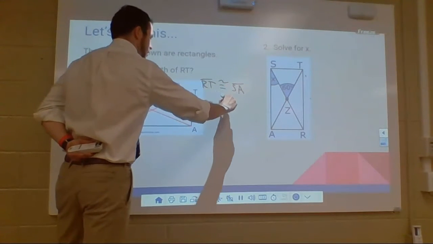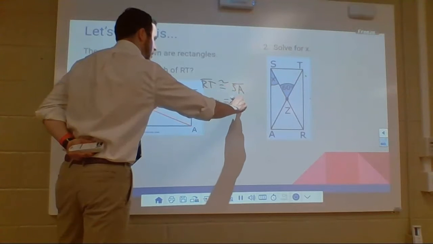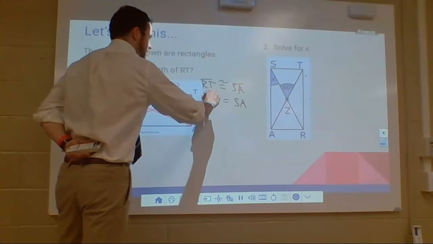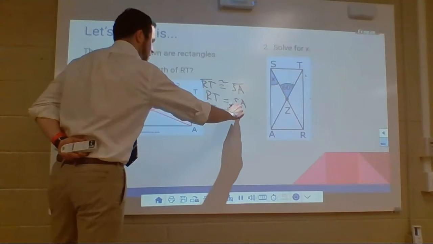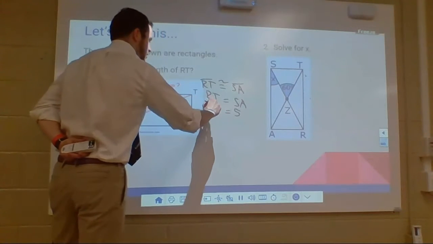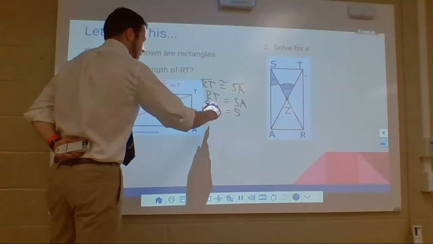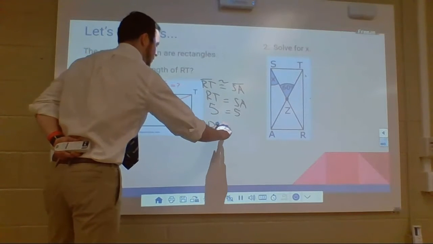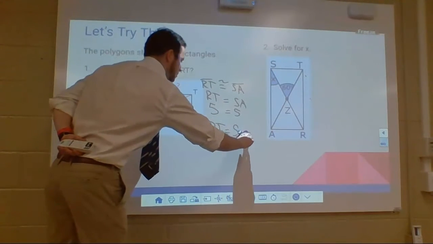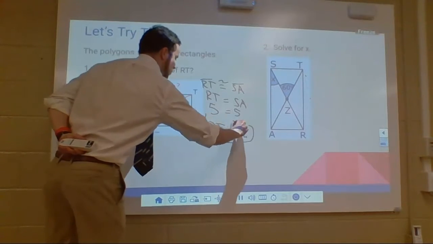The length of RT equals the length of SA. We know the length of SA is 5, and so the length of RT is 5 units.